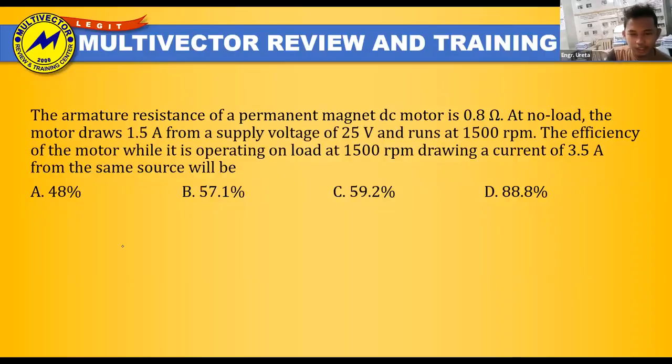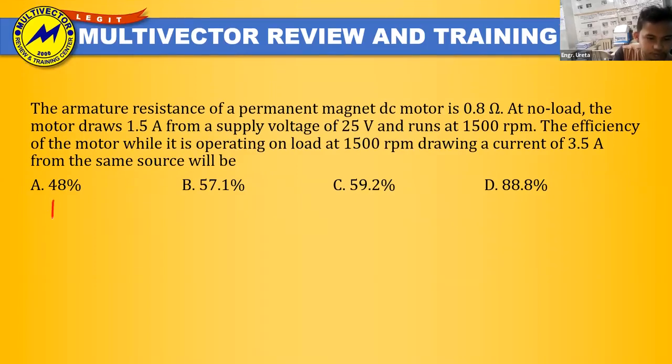Okay, nakaka-record naman. So dito, drawing lang muna natin. Meron daw tayong DC motor. Ito yung R, ito naman yung ating EB. May terminal voltage tayo, VT, may armature resistance, RA, may line current tayo, IL, which is actually in series with my armature current.